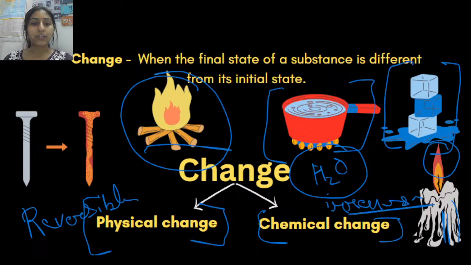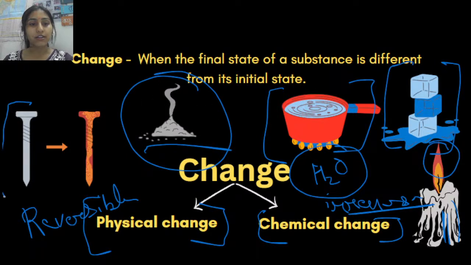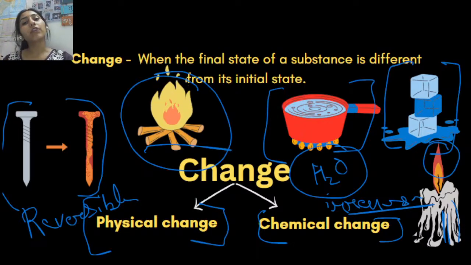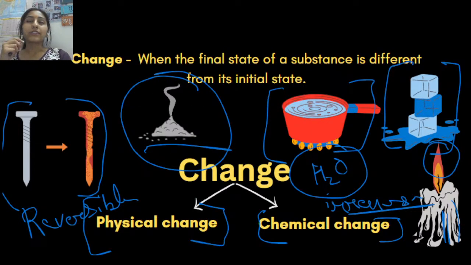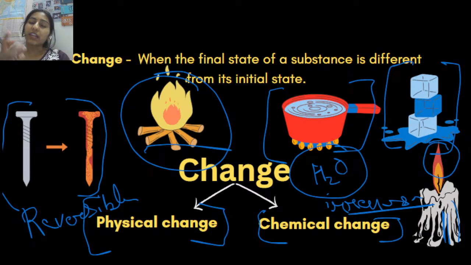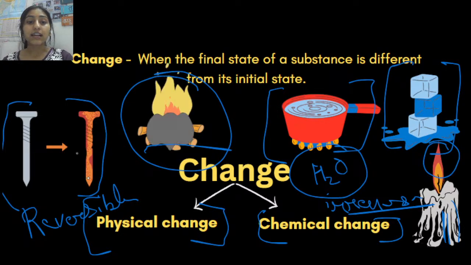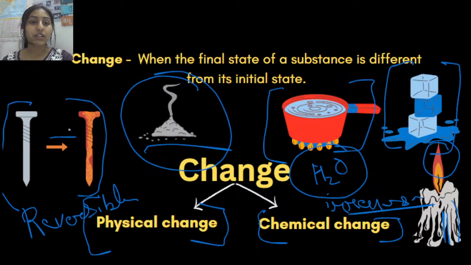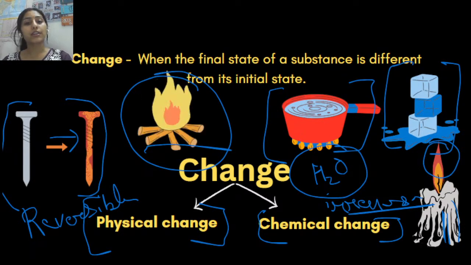Another example we can discuss is the rusting of iron. You might have heard that when iron comes in contact with air and moisture, its color gets changed. It is because of a chemical reaction.